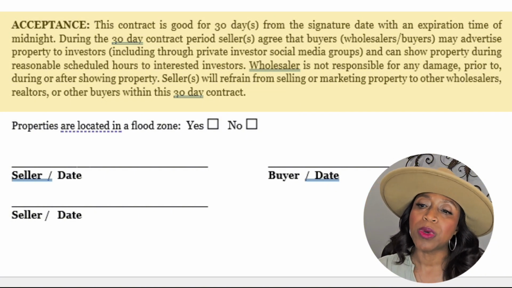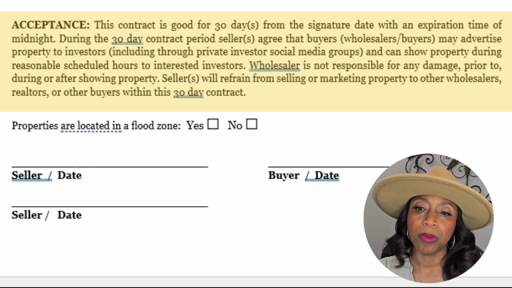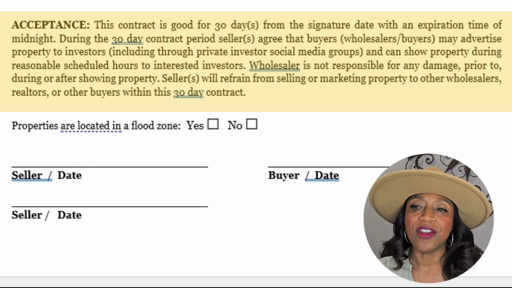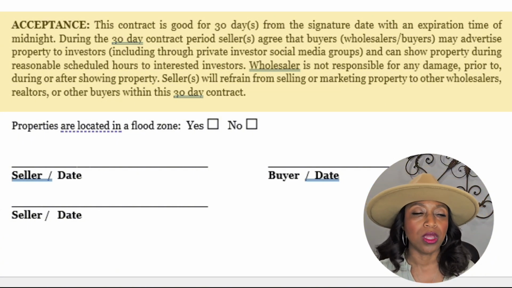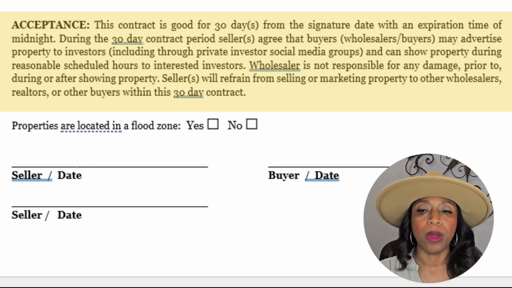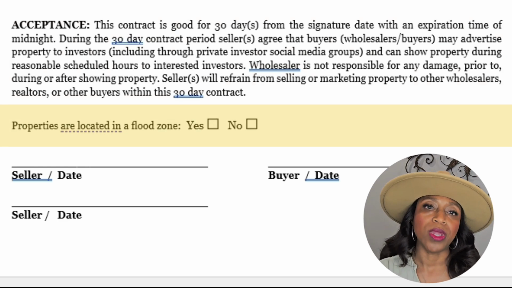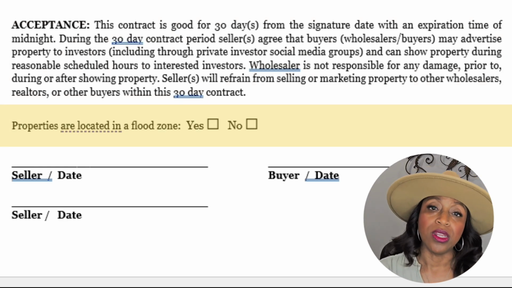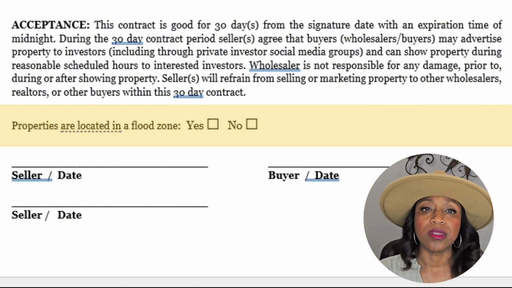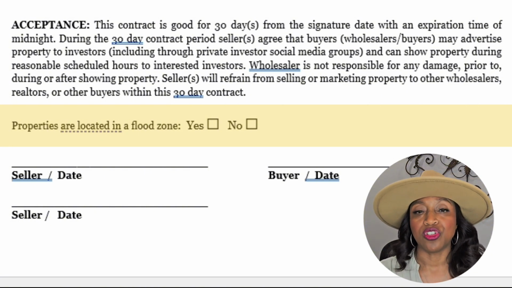Wholesaler is not responsible for any damage prior to, during, or after showing the property. Sellers will refrain from selling or marketing their property to other wholesalers, realtors, or other buyers within the 30-day contract period. And it also includes a line about whether or not a property is located within a flood zone, which is also something that's important that a potential investor may ask.